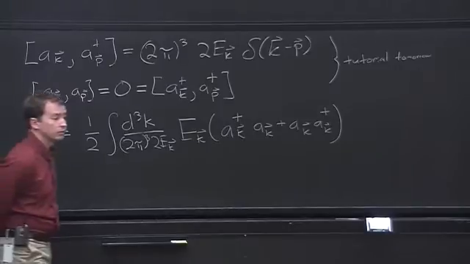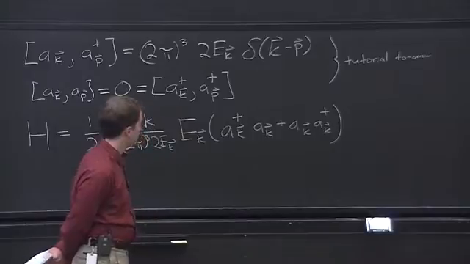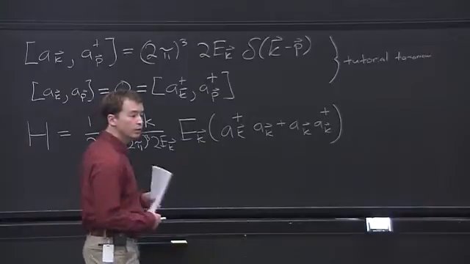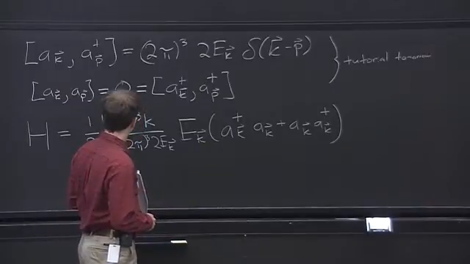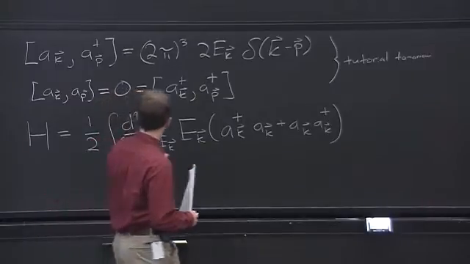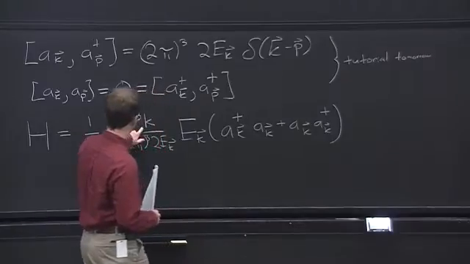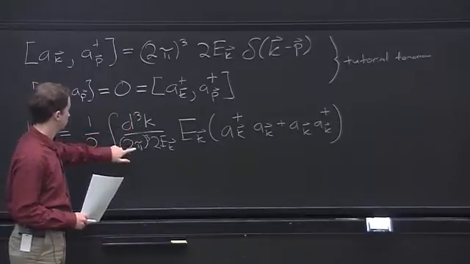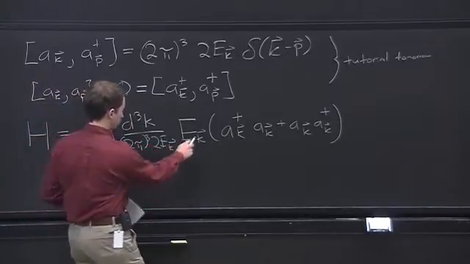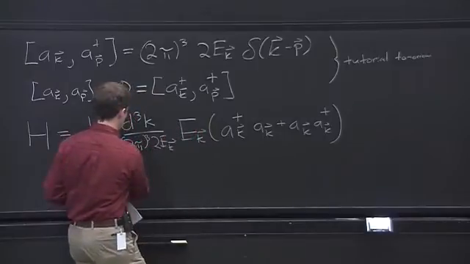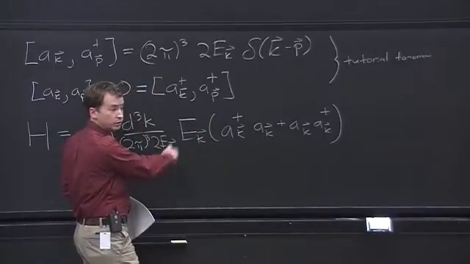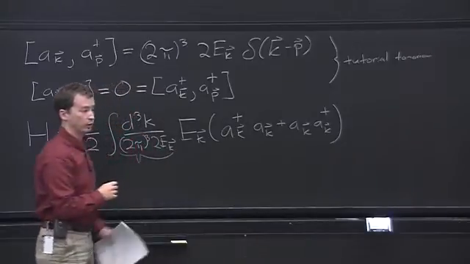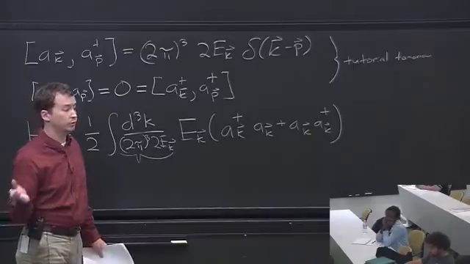There are no terms that contain different values of the momenta mixed together. Question: the E_k's, are they the same? The E_k in the numerator and the denominator? Yes. So we could cancel this out. I've just left this in terms of the Lorentz invariant measure. This factor is going to occur over and over; this is the Lorentz invariant measure we showed yesterday.